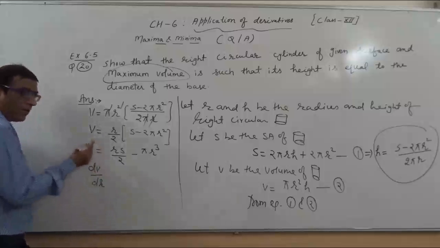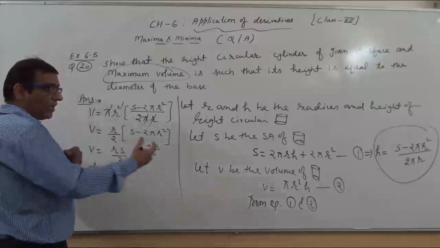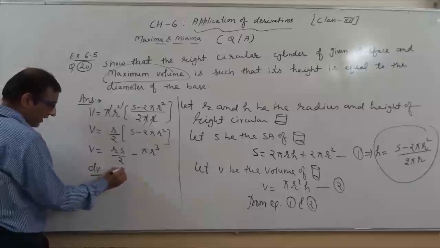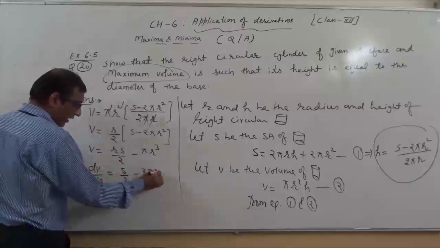We will apply the concept of maxima and minima, or you can say we will go with the procedure of maxima and minima. So what it becomes? It can be written as dV by dR equals S upon 2 minus 3 pi R square.